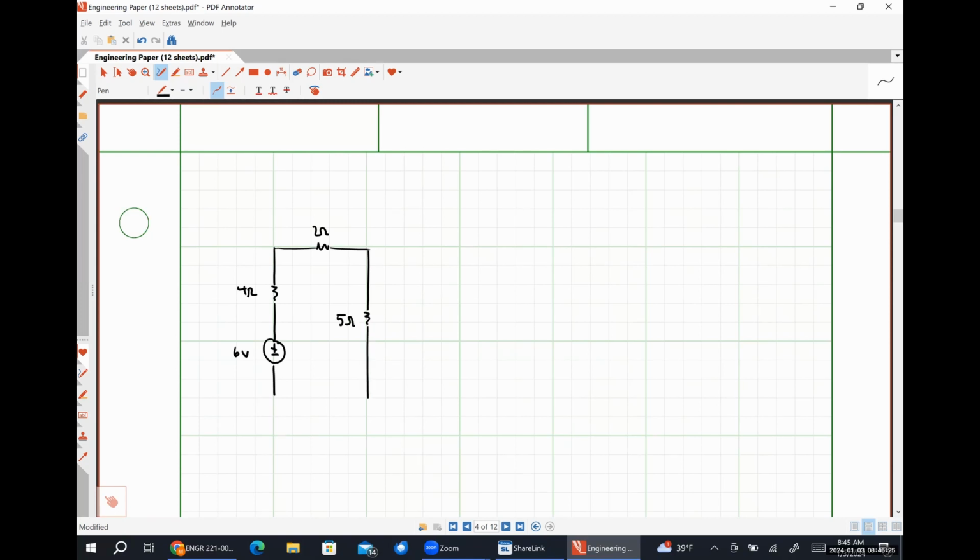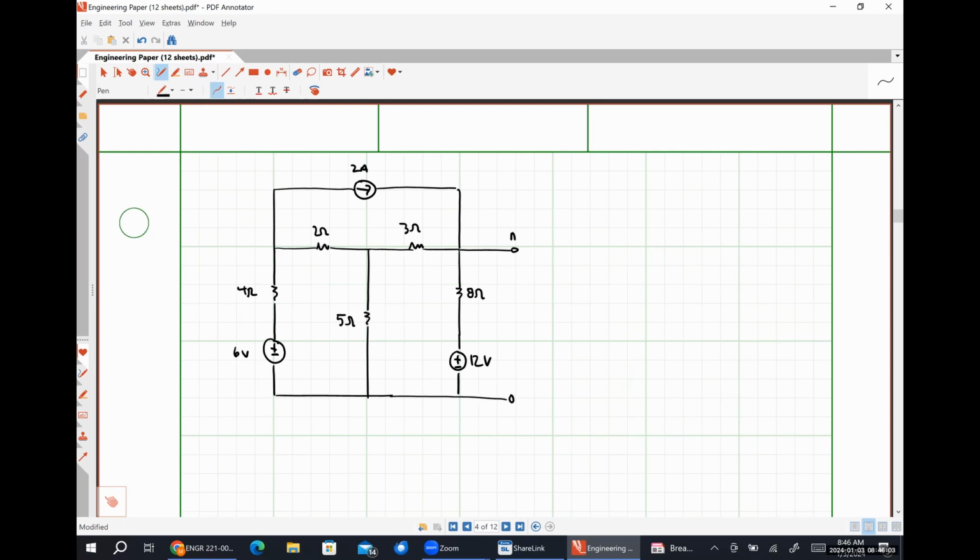Make this a 5 ohm resistor, 3 ohm resistor, 8 ohm resistor, 12-volt source. And then across the top, let's put a 2 amp source like so. I'm going to label this terminal A and this terminal B.